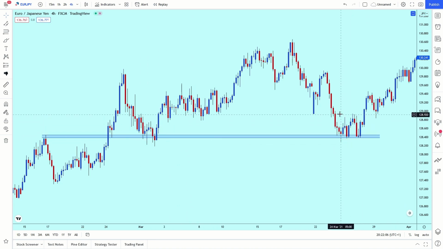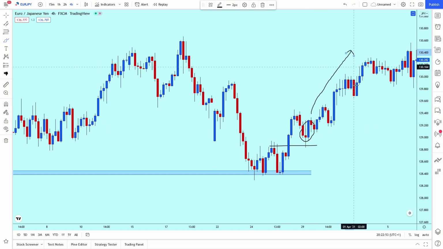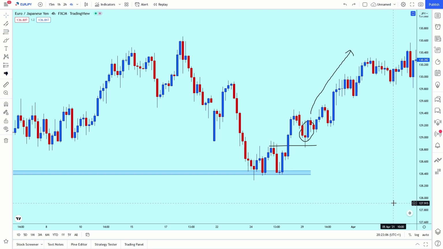So this time we had a double bottom pattern and we had this significant zone. So we had more reasons to believe that this double bottom will be successful and that price will reverse. And also, as you can see here, price retested this neckline with this strong bullish candlestick and price went all the way up. So these are some examples that I wanted to show you today.